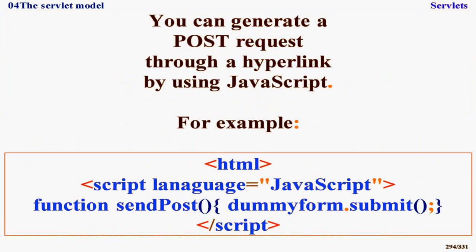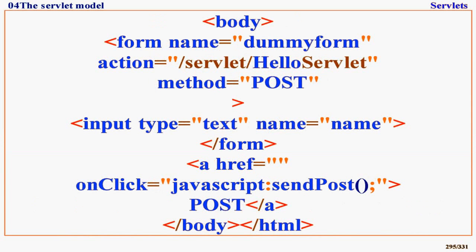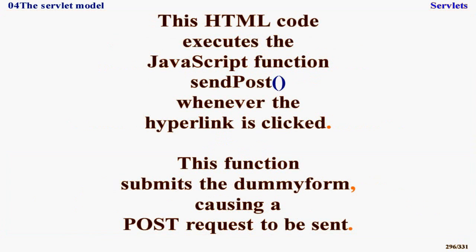For example, an HTML page with a script function sendPost that calls dummyForm.submit(), and a form named dummyForm with action /servlet/HelloServlet, method post, and an input of type text named name, followed by a link with onClick equal to JavaScript sendPost. This HTML code executes the JavaScript function sendPost whenever the hyperlink is clicked. This function submits the dummy form, causing a POST request to be sent.